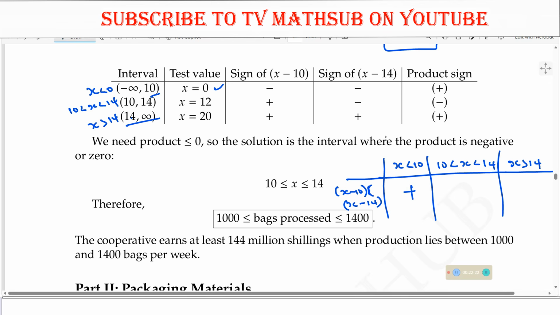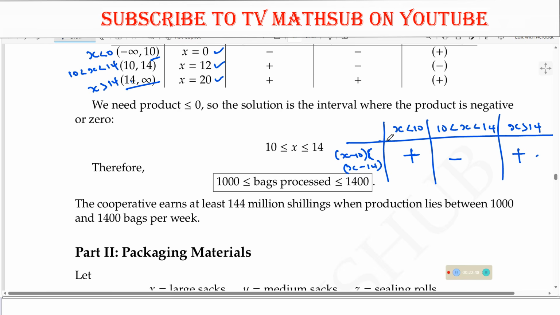In this region, you can use x equal to 12. Substitute it here and see what you get; we are interested only in the sign. 12 minus 10 is positive, but 12 minus 14 gives a negative. A negative times a positive gives a negative. Next, you can choose x equal to 20. This will be positive and this will be positive, giving a positive value. So that is basically what we shall have.